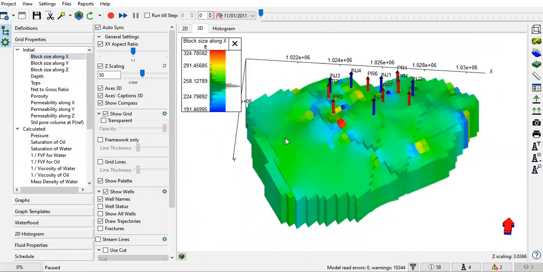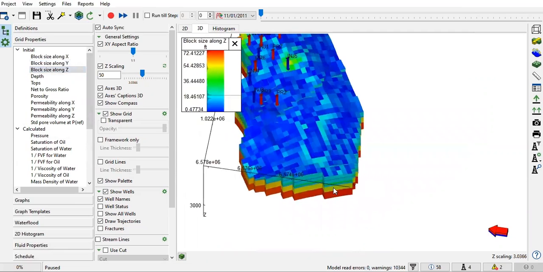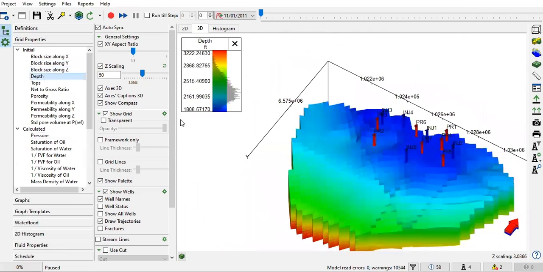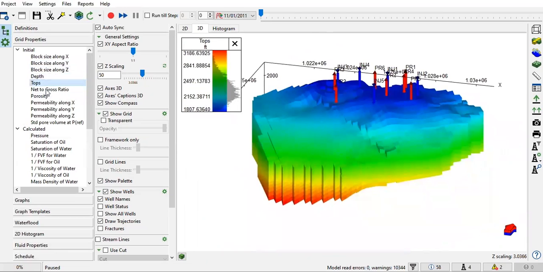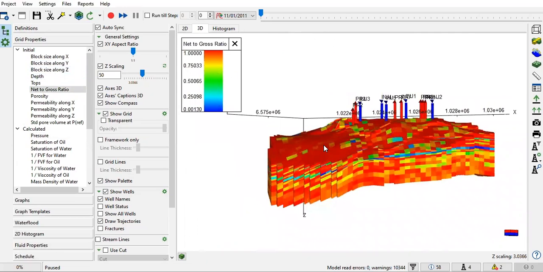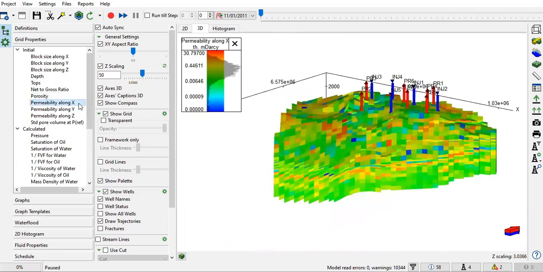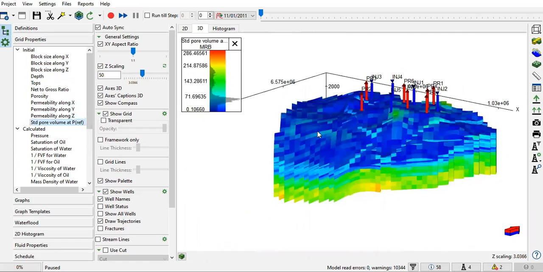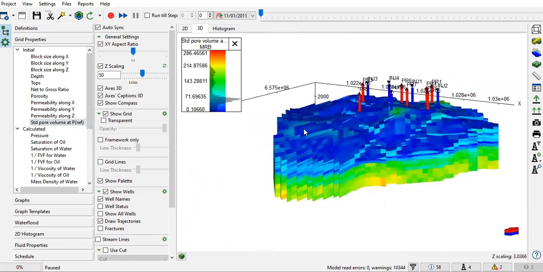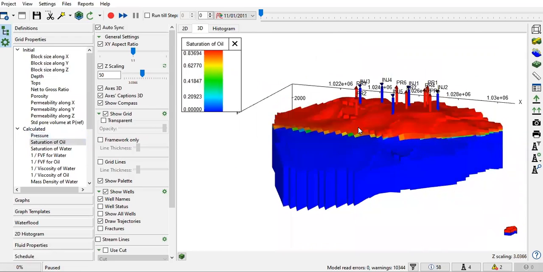We can also review the block size in Y direction and in Z direction, and then the depth, the top, net to gross, and then porosity and permeability along X, along Y, along Z, standard pore volume, and then pressure and saturation of oil.